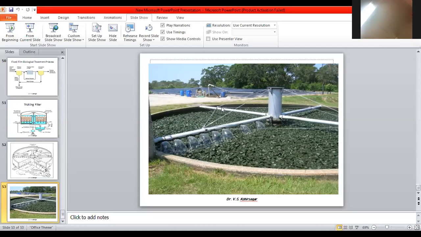Next point. The size of rock varies between 25 to 100 mm in diameter.